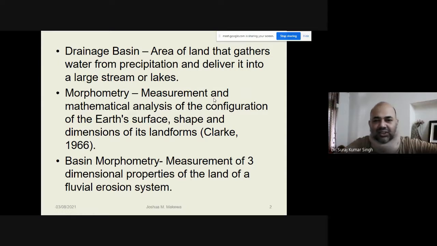A drainage basin is the area of land that gathers the water from precipitation and delivers it into larger streams or lakes. Generally, it happens for each and every river system. Whenever you are going for drainage basin or watershed analysis, remote sensing and GIS techniques are the best techniques to map and differentiate the different kinds of basins, catchments, subcatchments, watersheds and sub-watersheds.